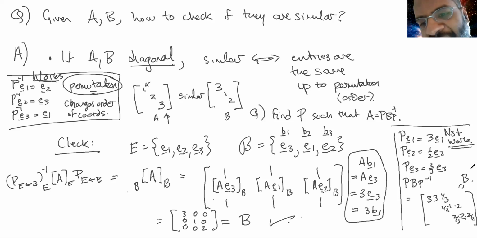So accordingly, I defined a new basis, which is literally the same basis, but different order. So how did I get this basis? Well, I observed that the first element of A in the standard basis, oh, wait a minute. Have I messed up here? No.